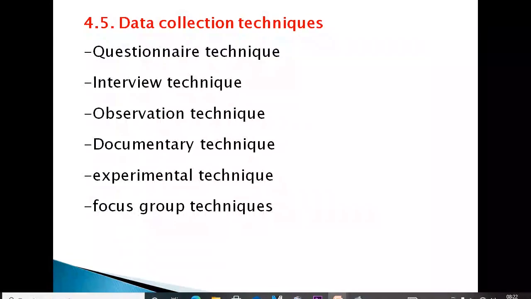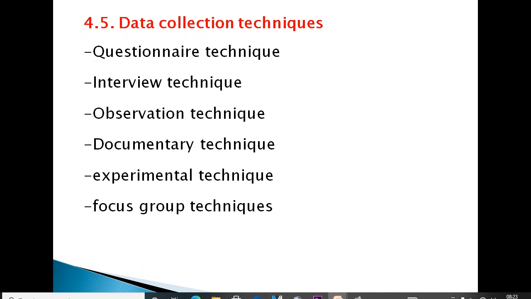He can use the observation technique. He can use the documentary technique. Also the questionnaire, interview, observation technique, experimental technique, and what we call the focus group technique, where the researcher can interview more than 5 or 10 people.